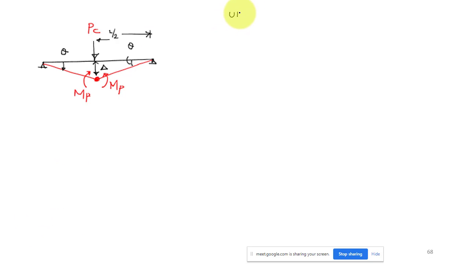So we are discussing the upper bound theorem. This is a possible mechanism in a simply supported beam subjected to a concentrated load at the center. Since it is a mechanism, we will solve it by using the work condition, or work conservation. We will take the external work done equal to the internal work done.